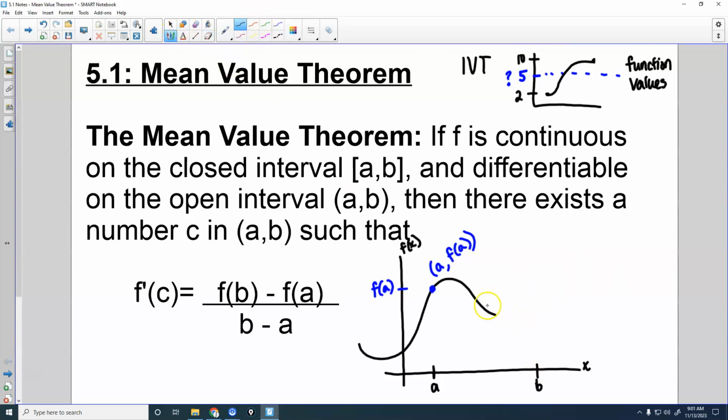A and B are too close together. So B would be right here, and over here we would call this f of B. I could even label that point B, f of B.